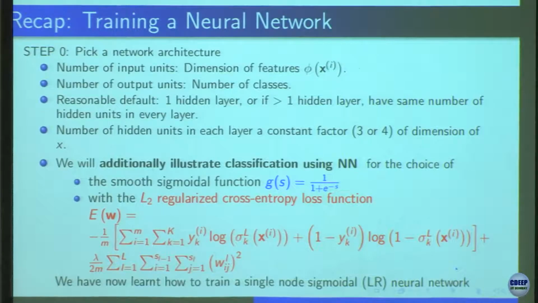Now we will get to the details. Remember that we have an L2 regularized cross entropy loss function, and the activation unit we have used is the sigmoid. These are the specific choices we have made.